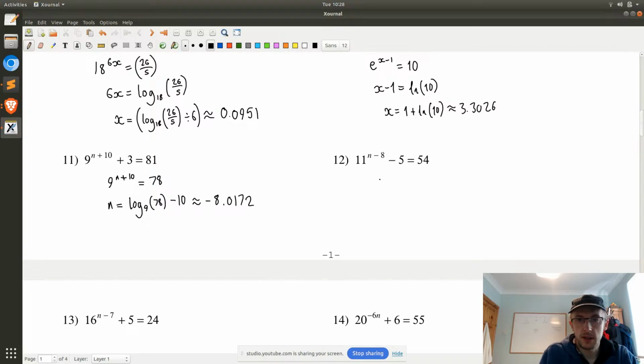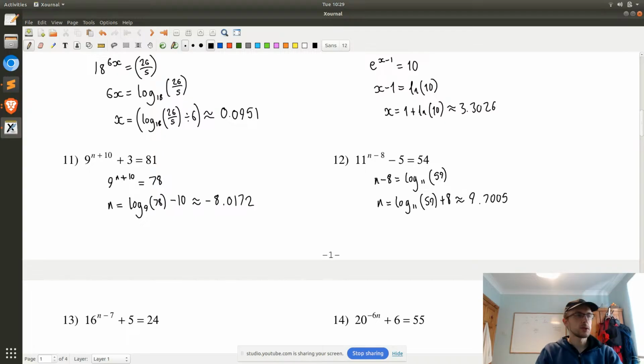Add 5 to both sides, and then log base 11 of both sides. Oh, add 8 to both sides. Okay, so we've got 9.7005.